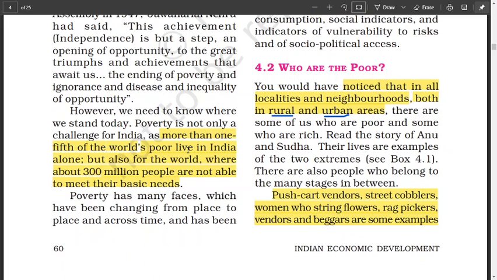So the first thing we need to fact check is that poverty is a problem not only for India but even for the whole world. And if you look at India, 1/5 of the world's poor live in India alone. 1/5 is 20%. 20% of all the poor in the world are in India. So India is home to many people who are poor.